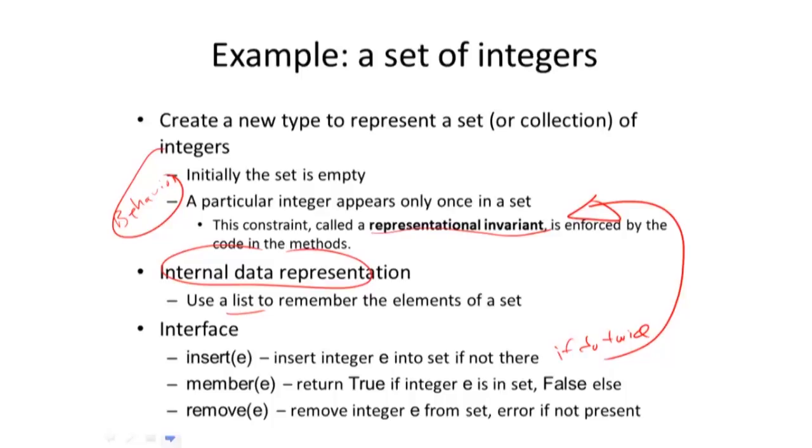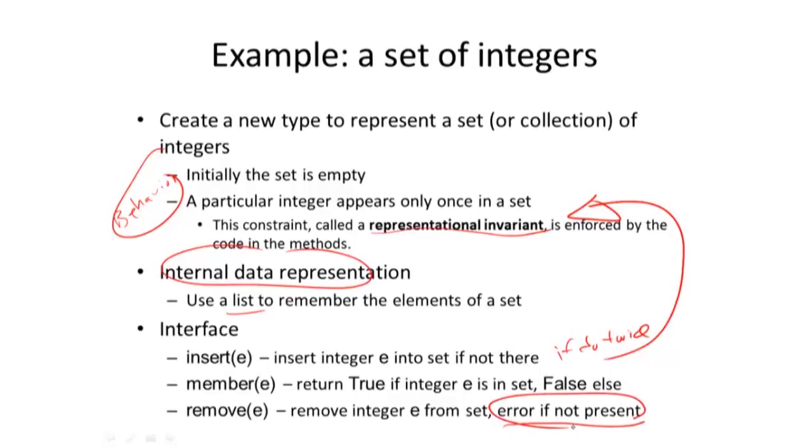And here I also have a choice, because what if I try to take something out of the set that isn't there to start with? Well, here my choice is I could either say that's an error, or I could decide, you know what, if I try and do it and it's not there, I'm not even going to worry about it. I'm going to opt for this version to say that this is an error if you try and do it. But again, my definition of my class, my choice as to what I'd like to have there.